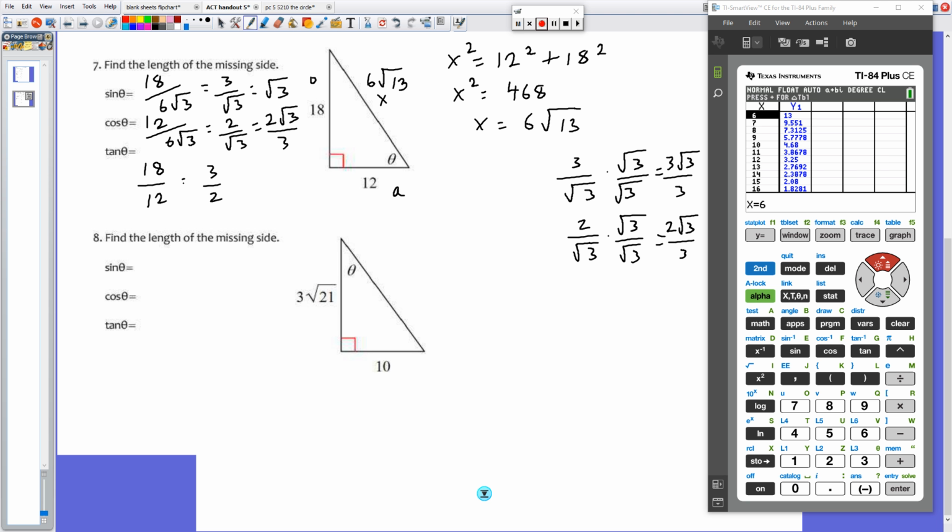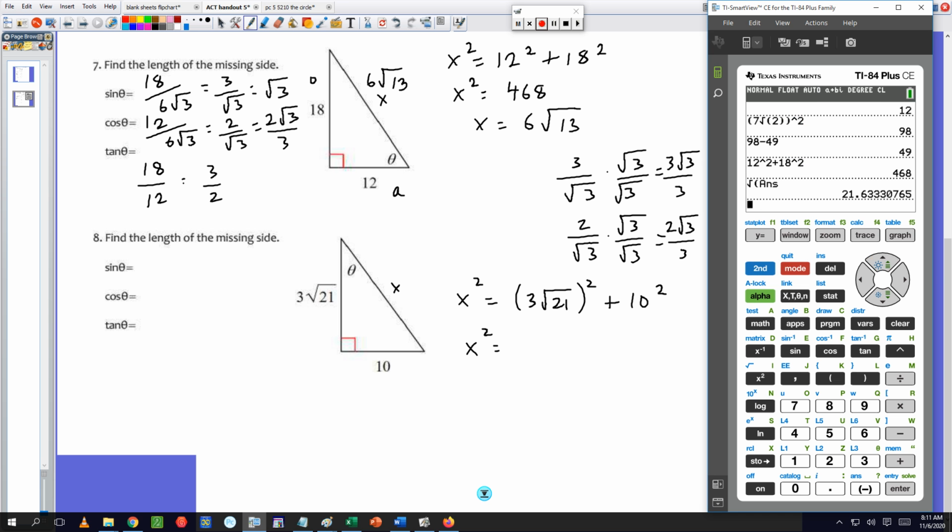Number 8, let's find our hypotenuse. Three radical 21, in parentheses, squared, plus 10 squared.